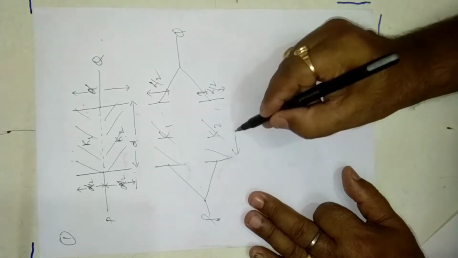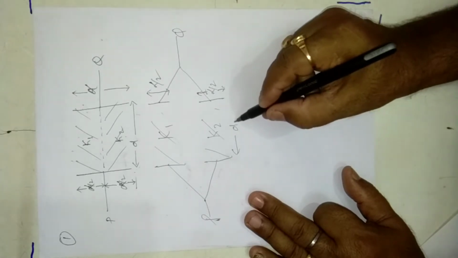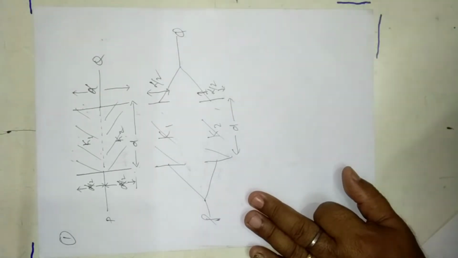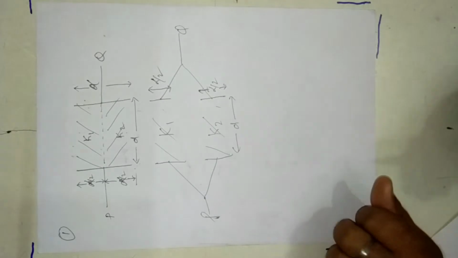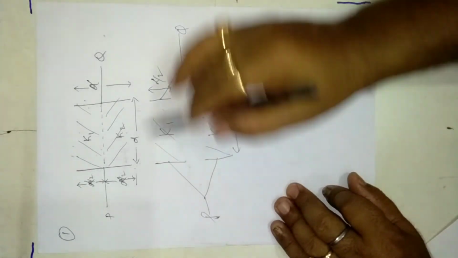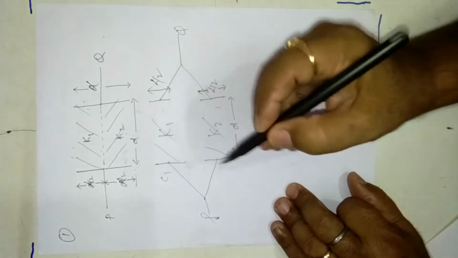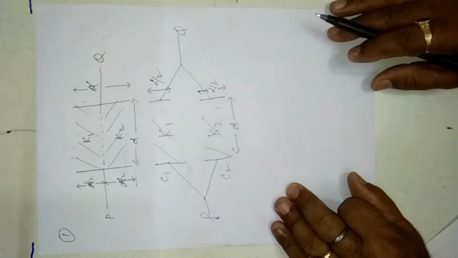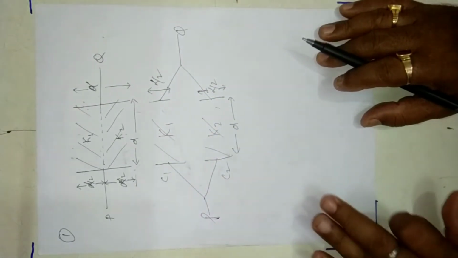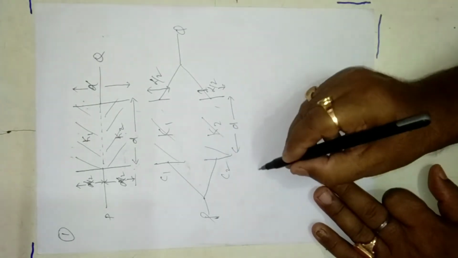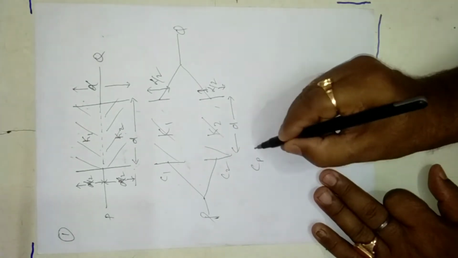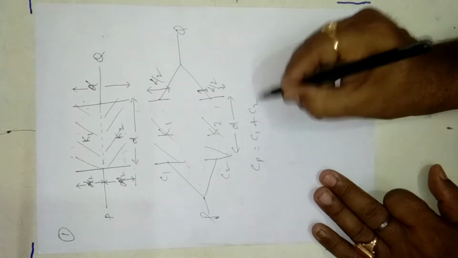But the distance between the plates is the same, D. So this is capacitor C1 and this is C2, and both are connected in parallel. So the equivalent will be Cp is equal to C1 plus C2.